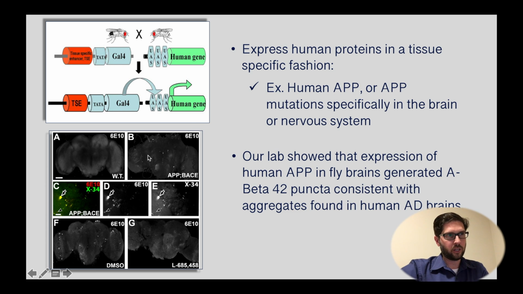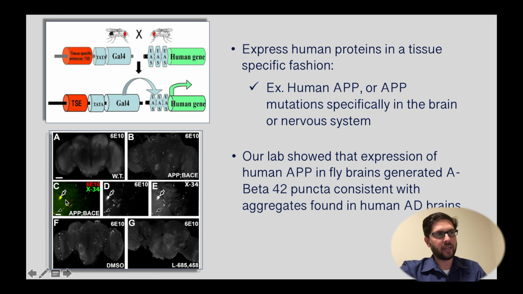And that's illustrated here on the lower left-hand panel. In A, this is a wild-type Drosophila brain. And in B, this is a Drosophila brain which is expressing human amyloid precursor protein. And you can see these tiny puncta here. Those are small aggregates of the human APP protein.